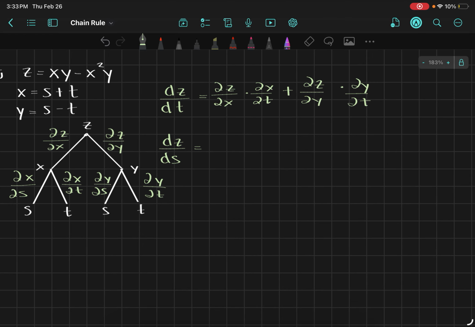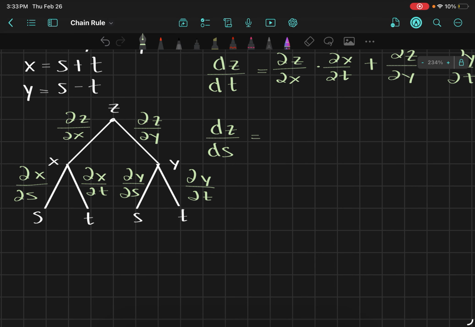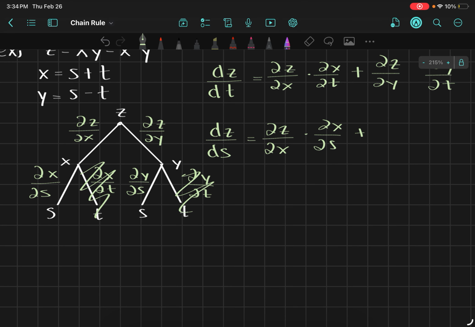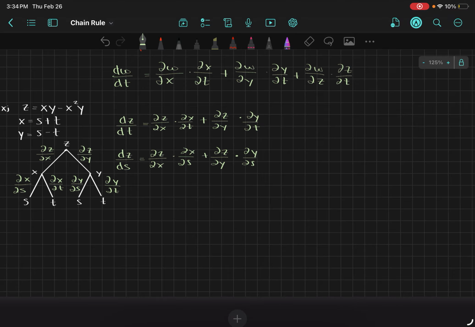That is dz/dt. One more time, we are going to have dz/ds, ignoring the t now. We're going to have dz/dx times dx/ds plus dz/dy times dy/ds. And that is how we solve the chain rule for both of these respective things.